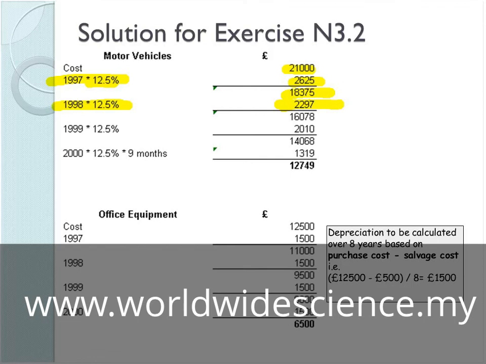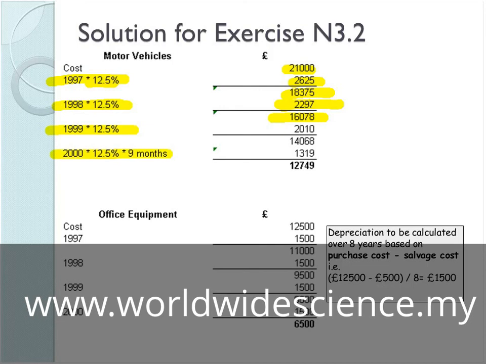After that, we deduct 2,297 from 18,375, and we get 16,078, right? Then we do the same thing with the next year, 1999, right? After that, you see here is the last year, 2000.